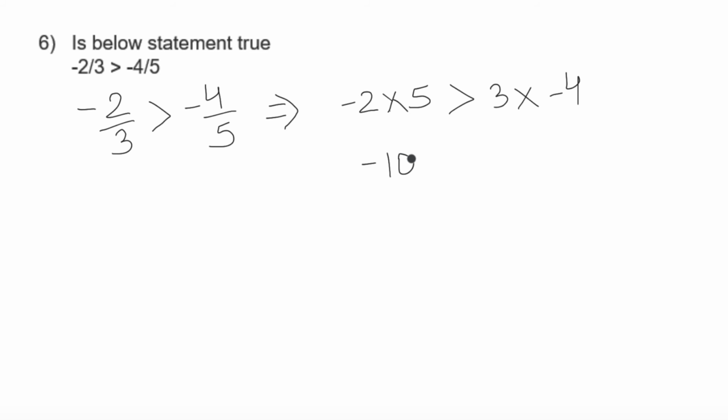It comes minus 10 is greater than minus 12. Now we can clearly see minus 10 is greater than minus 12. Hence, minus 2 by 3 is greater than minus 4 by 5.